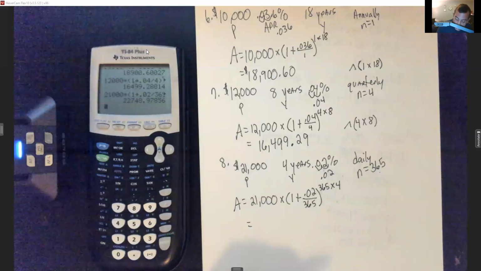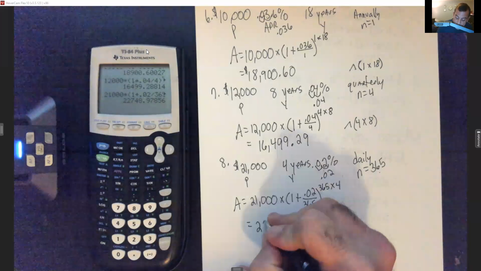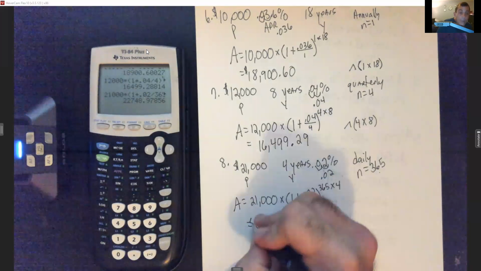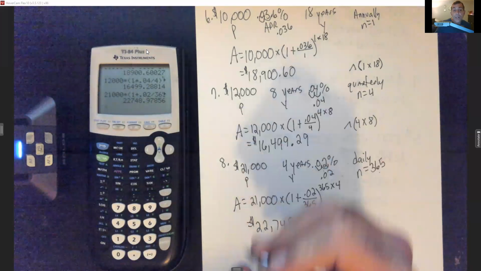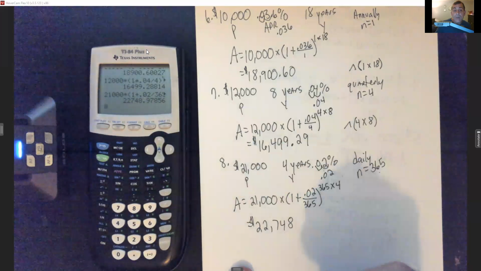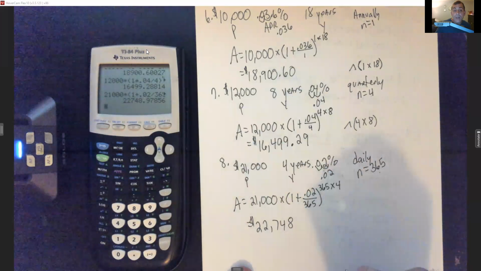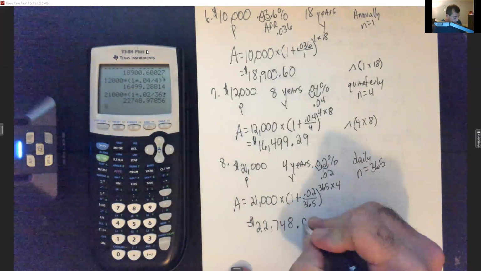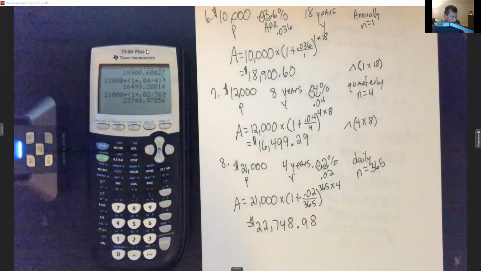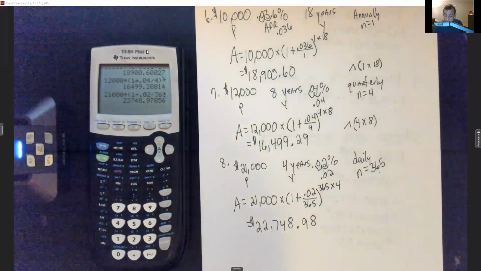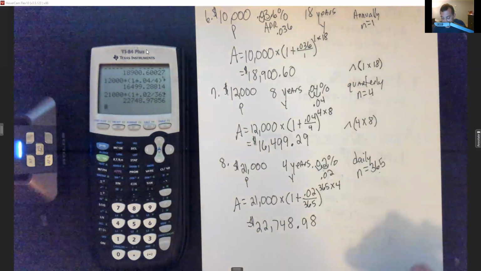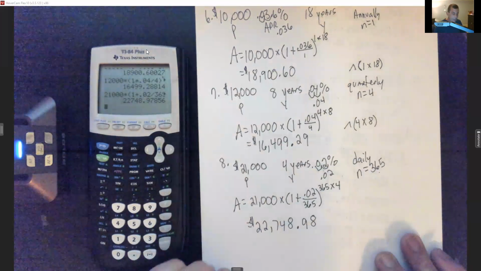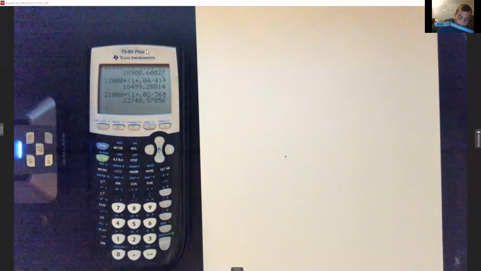And notice I only got $22,748. Rounding that to the nearest cent, that 7 is in my cents, so I need to round that 7 up because that's an 8, so that's going to be a 98. Alrighty, so in 4 years you made almost $1,800. Alrighty, here goes number 9.